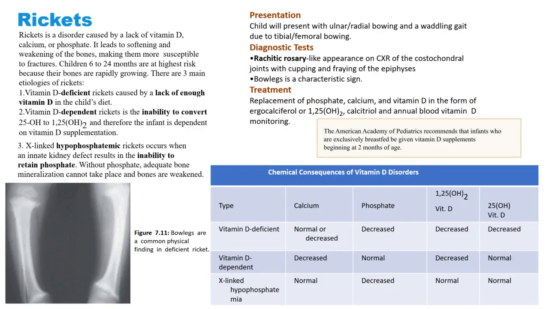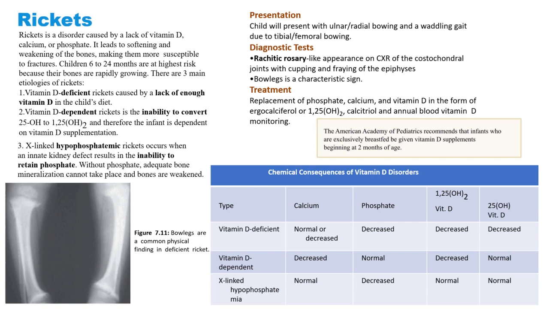Here, on the left lower corner, there is a very nice X-ray of bowed legs, which are a common physical finding in rickets, vitamin D deficient rickets. So let's talk about this clinical situation.